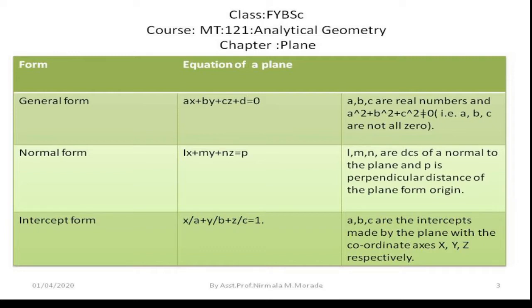Next is the intercept form of the plane. The equation x upon a plus y upon b plus z upon c equals 1 represents the equation of plane in intercept form. Here a, b and c represent the intercepts made by the plane with the coordinate axes x, y, z respectively.